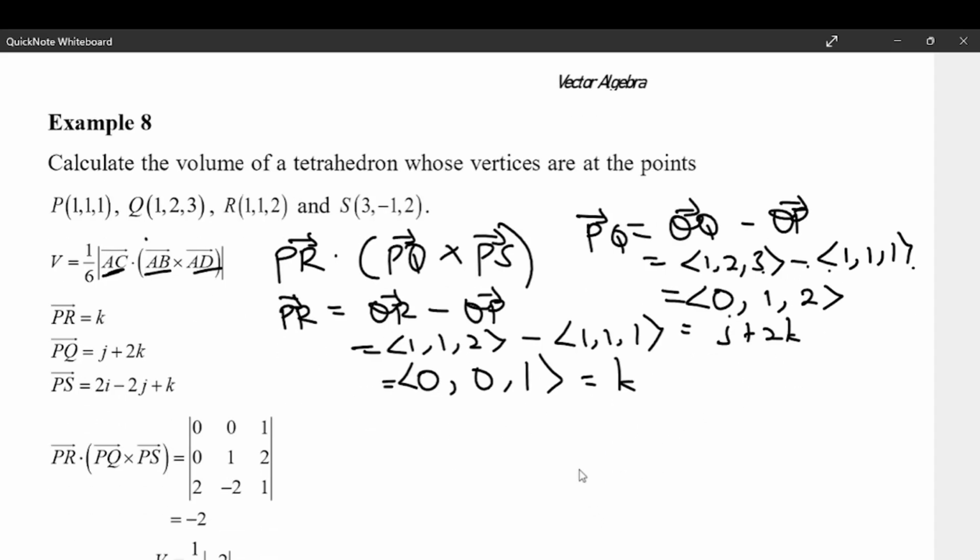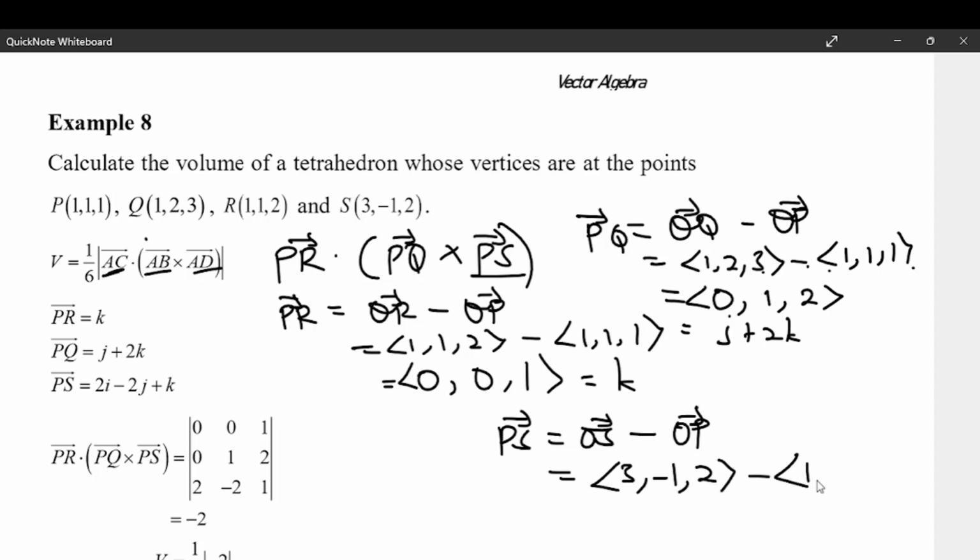The last one we want to find is PS. So PS is equal to OS minus OP. So our OS is 3, negative 1, 2 minus P, which is 1, 1, 1.